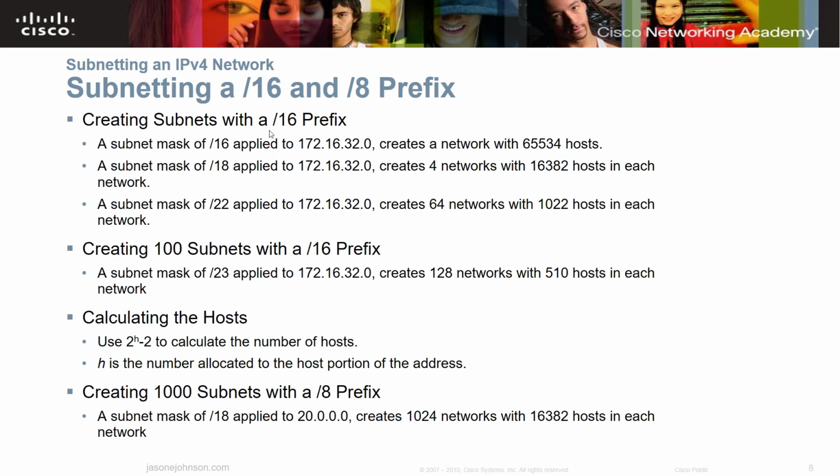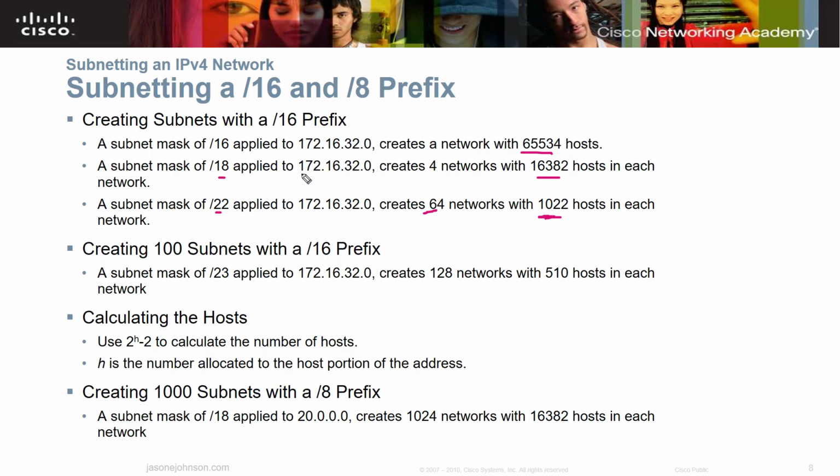Now, when we create subnets with the /16, it goes the same way. We create 65,534 hosts, and then /18 gives us 16,382, and then /22 gives us 64 networks with 1,022 hosts. See, we went the other way.